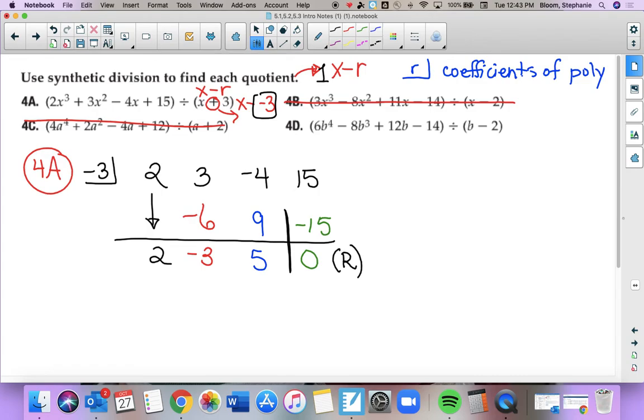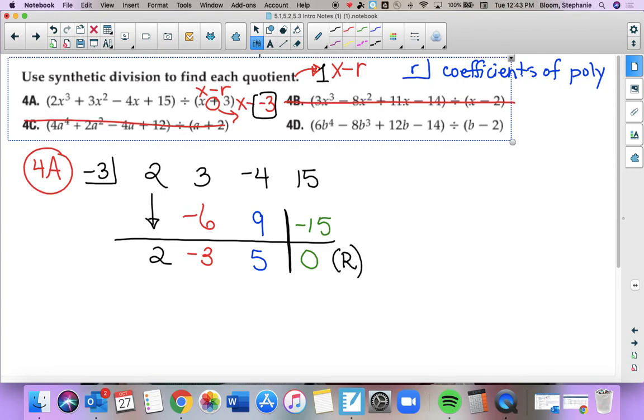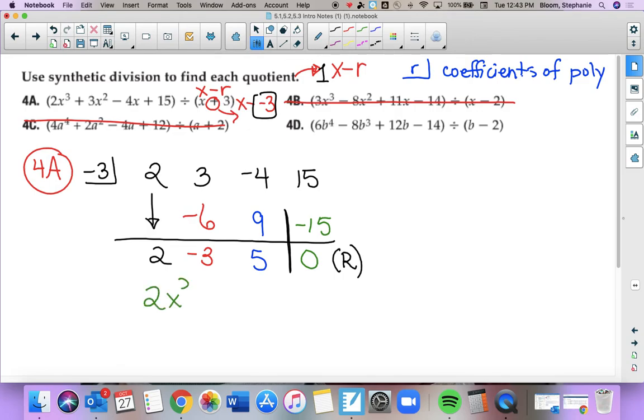What would my first term have to be here if I want this x plus 3 to multiply to this to give me an x cubed? X squared, good. It has to be 1 less than your initial, otherwise you're not going to get that out. So I'm going to have 2x squared. What would come next then? Minus 3x, and then lastly, plus 5. That's a positive 5, right?